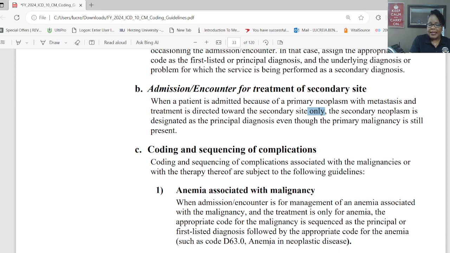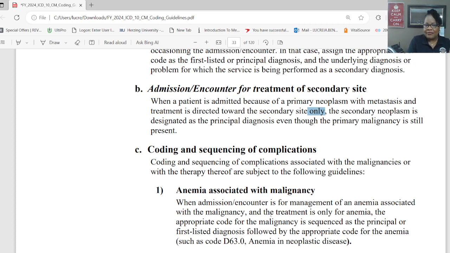And if you look up anemia in the neoplastic disease, it'll give you code D63.0. But what you're saying here is if the patient didn't have some other type of malignancy or neoplasm, then this patient wouldn't have anemia. But because of the neoplasm, they now have anemia.